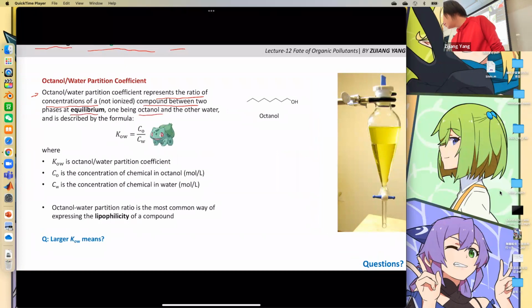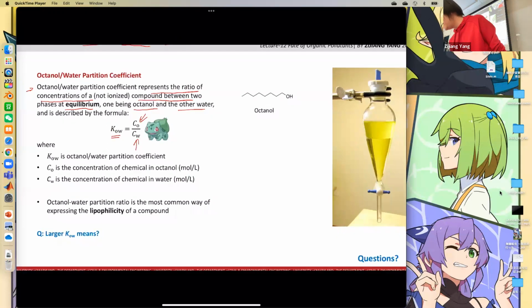One is octanol, and the other one is water. It can be described by KOW equals the concentration in the octanol phase divided by the concentration in the water phase. But make sure they are at equilibrium.